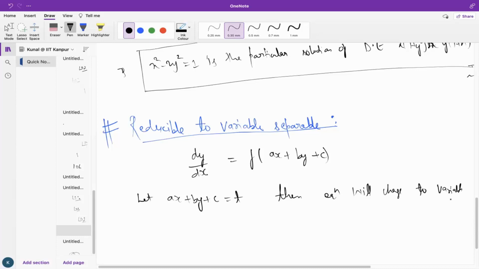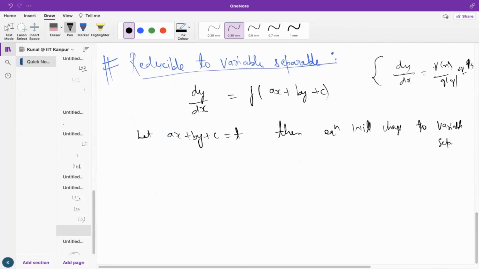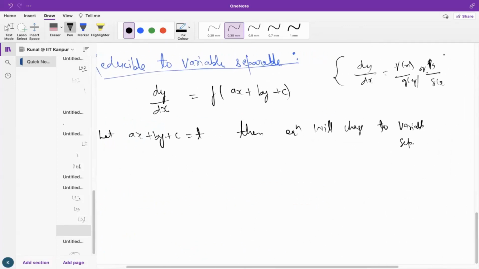Because what is the form of variable separable? The form of variable separable will be dy by dx is equal to f of x by g of y, or f of y by g of x, right? That is the form, isn't it? But here something is given in the form of ax plus by plus c, so this is not the form of variable separable.